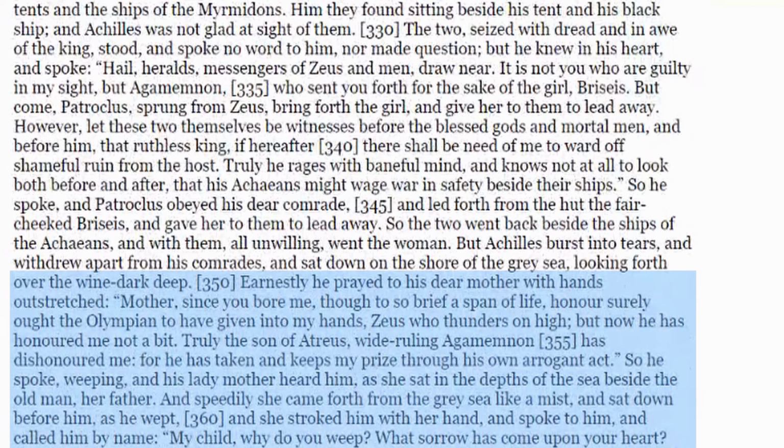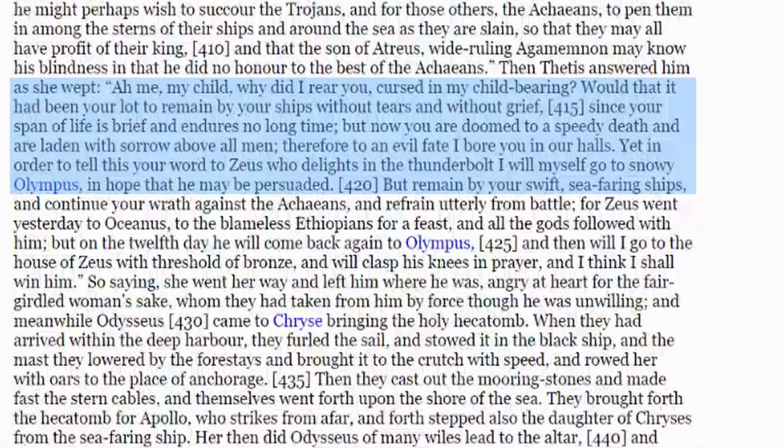Because when his mother comes, his mother is a goddess, Thetis, and she reveals that Achilles is doomed to die young. "Your span of life is brief and endures no long time, but now you are doomed to a speedy death and are laden with sorrow above all men."